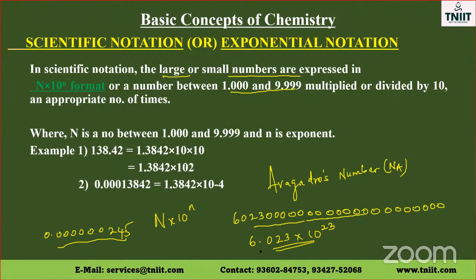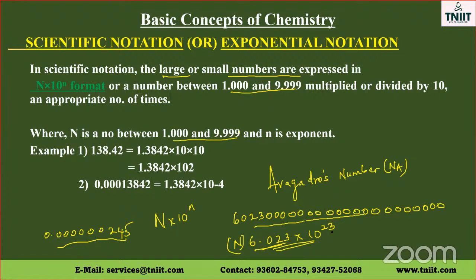Now you can see this capital letter N should be between 1.0 and 9.999. So here it is 6.023, and in 10 to the power n, n is an integer. So here we have 23.